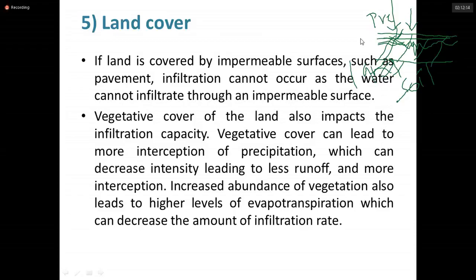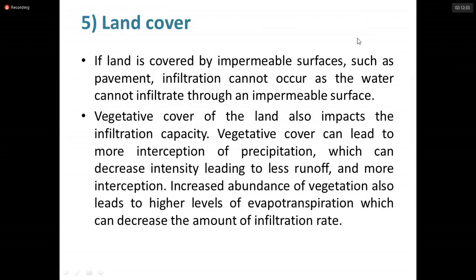Increased abundance of vegetation also leads to higher levels of evapotranspiration, the transpiration losses, which can decrease the infiltration rate. So this is how this land cover affects the infiltration.